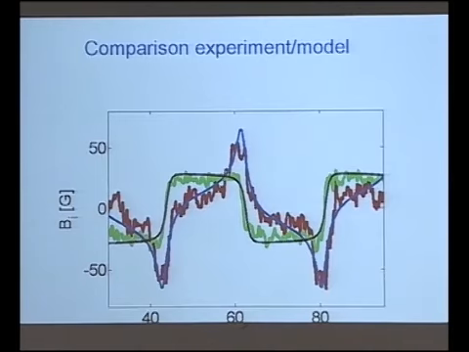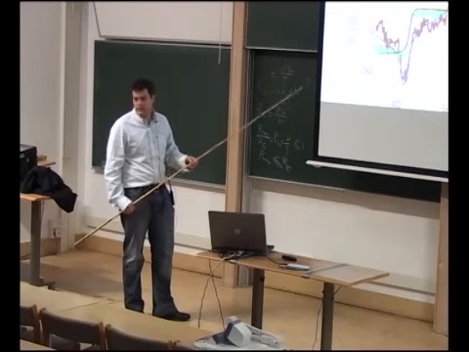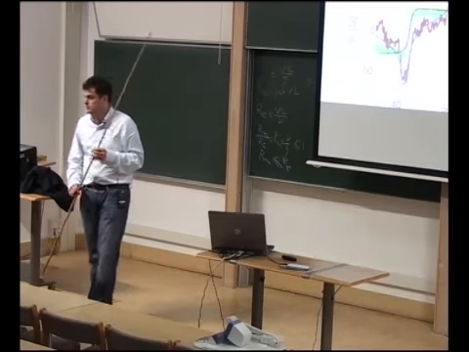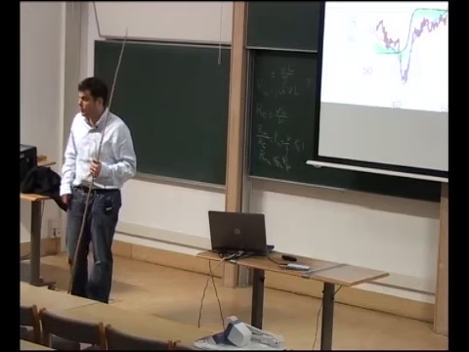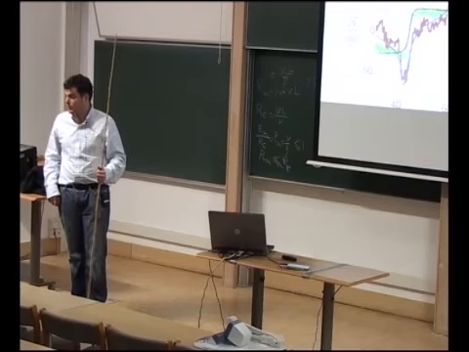So I take two periods that are quite periodic, and then I superimpose the numerically computed solution of the normal form and what is observed. In blue and black, that's the numerical solution, and in green and red, that's what is measured in the experiment. So it seems to be a nice agreement.